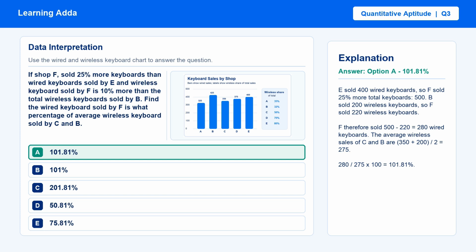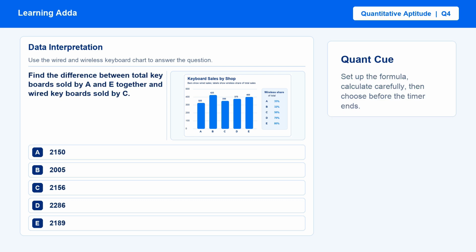The average wireless sales of C and B are (350 plus 200)/2 equals 275. 280/275 times 100 equals 101.81%.